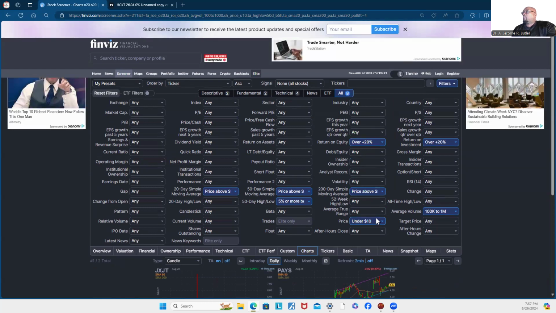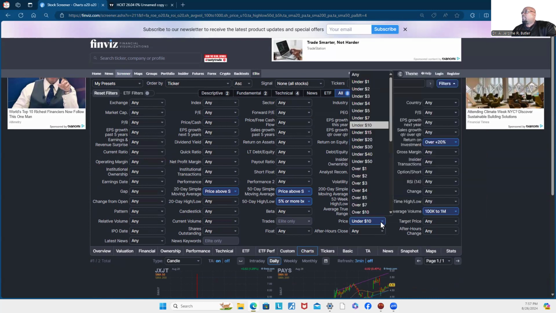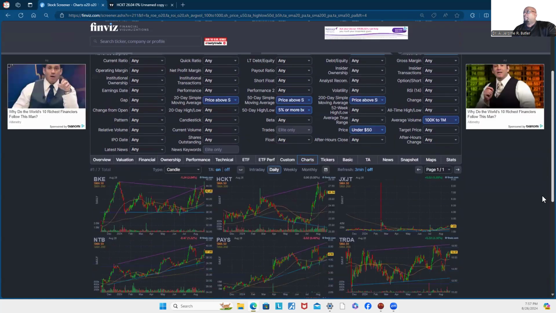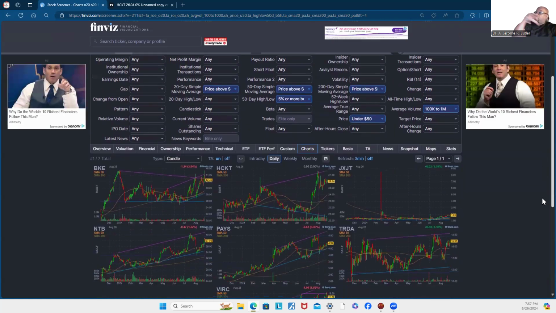Let's say price under 50. So we have seven that are under 50. Again, as you go through and work this filter on your screener, and like I said, most of them have these filters, it will help you to curtail.